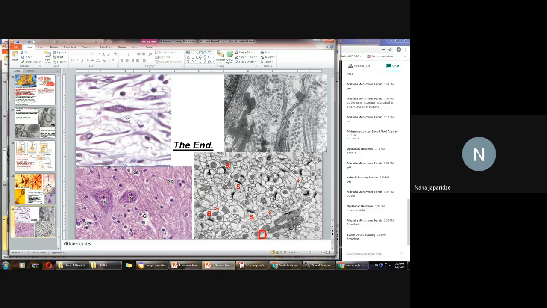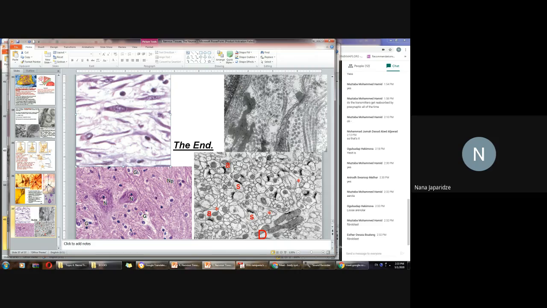So why I put these micrographs together is to demonstrate how the extracellular matrix differs in these tissues from each other. So this is the extracellular matrix of loose areolar connective tissue with a clearly visible ground substance and very well visible collagen fibers.